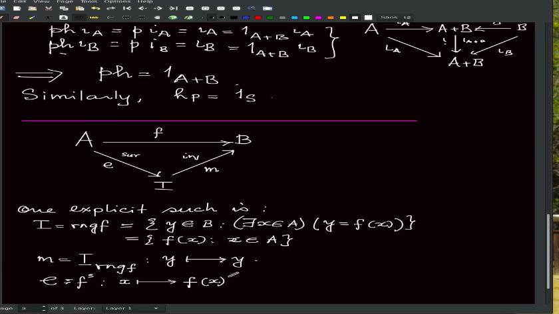This part business plays a big role, and that's where all the beauty comes in. So it's enough to look into these specific types of maps separately, and that's what we will start today.